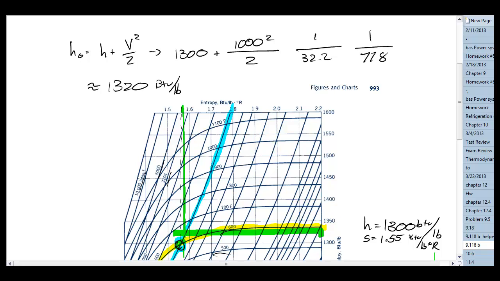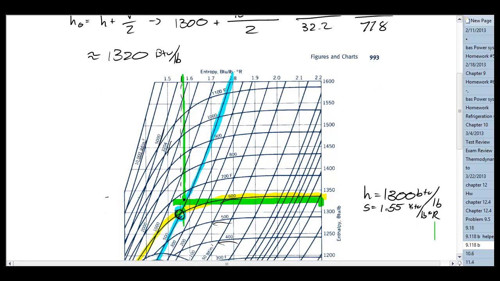Now we can see that the marker crosses right about there. So we'll call that about 650 degrees Fahrenheit. So T0.